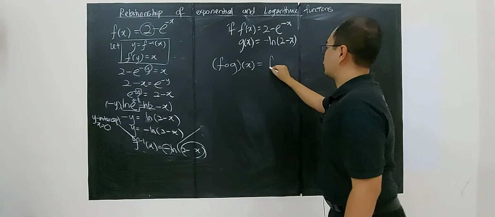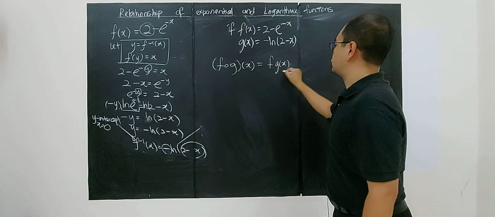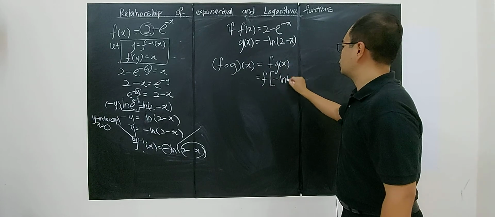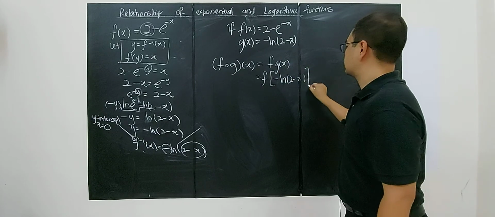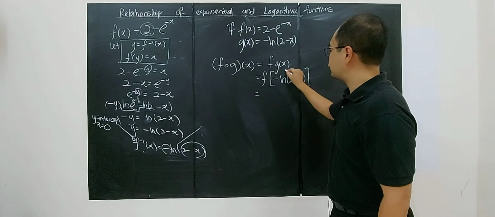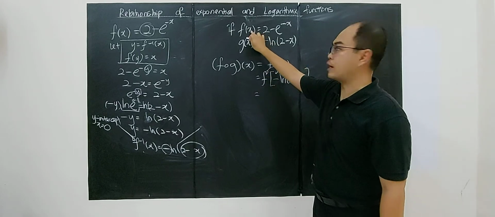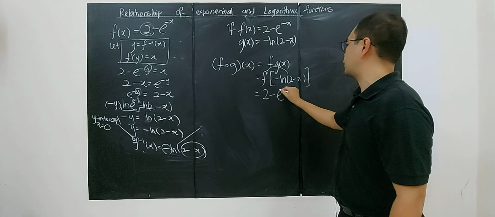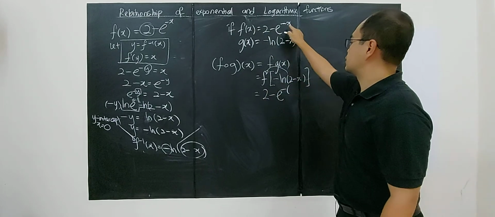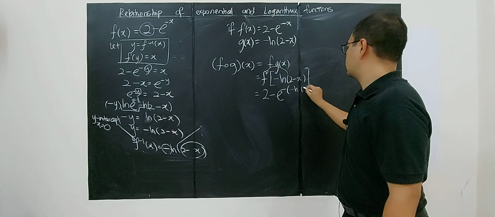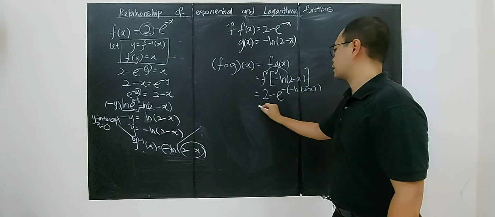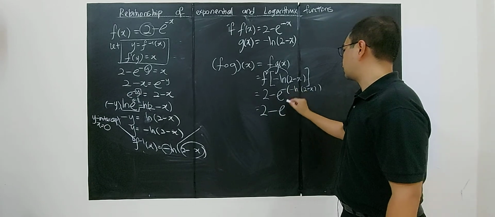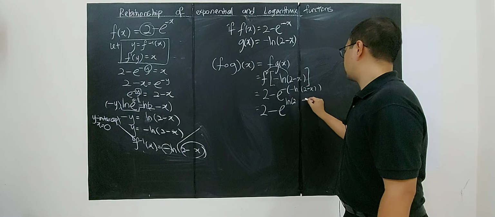So you have f(g(x)). What's your g(x)? Your g(x) is negative ln(2 minus x). You put the negative ln(2 minus x) into the function f, so you have 2 minus e to the power of negative of this, negative ln(2 minus x). Then you have 2 minus e to the power of negative, negative, positive ln(2 minus x).